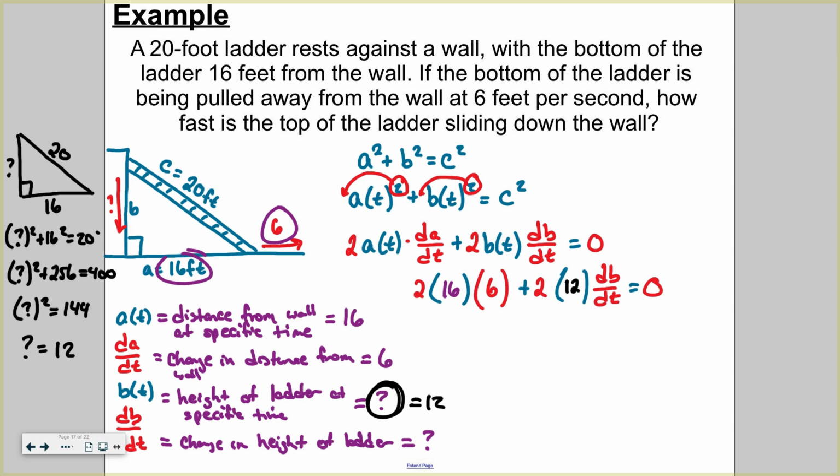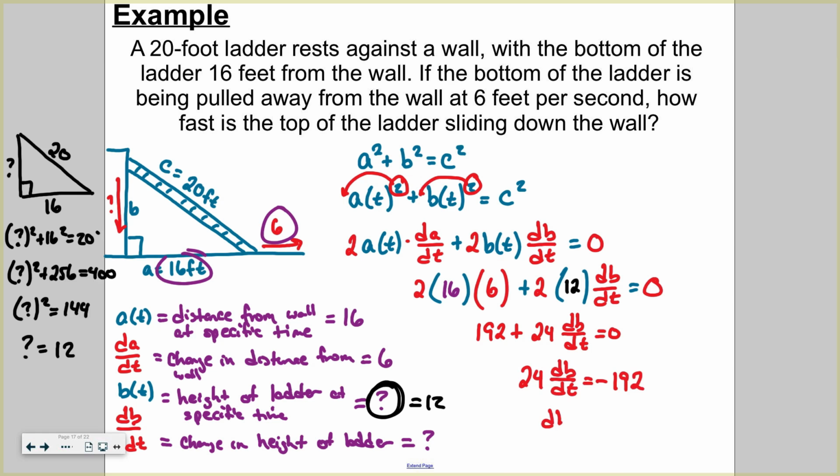Calculus is done. So 2 times 16 times 6 is going to be 192 plus 24 dB over dt equals 0. I can subtract 192 from both sides. That will give us 24 dB dt equals negative 192.